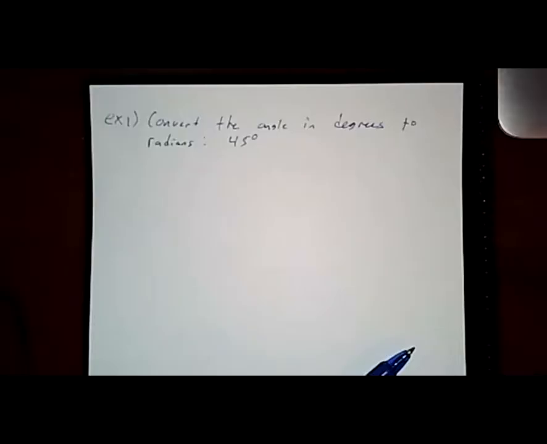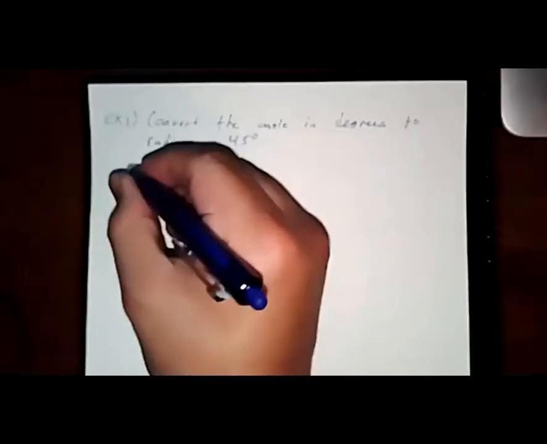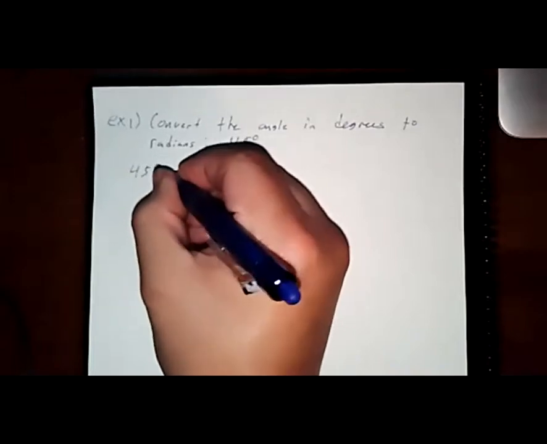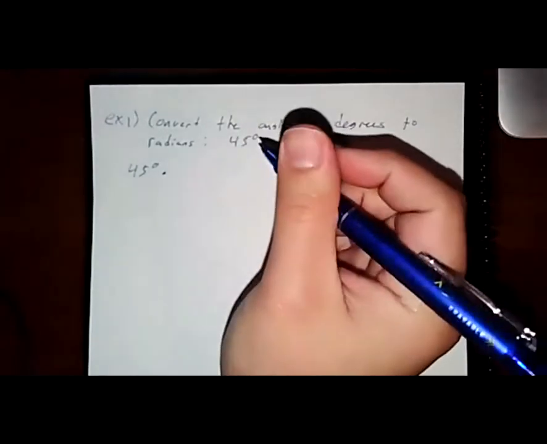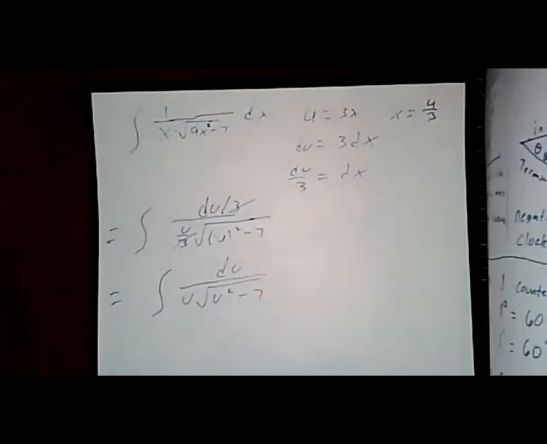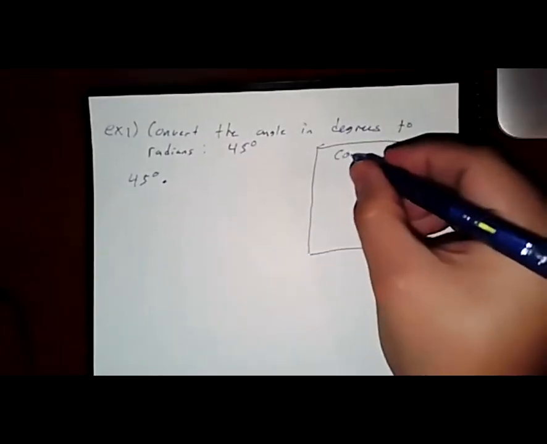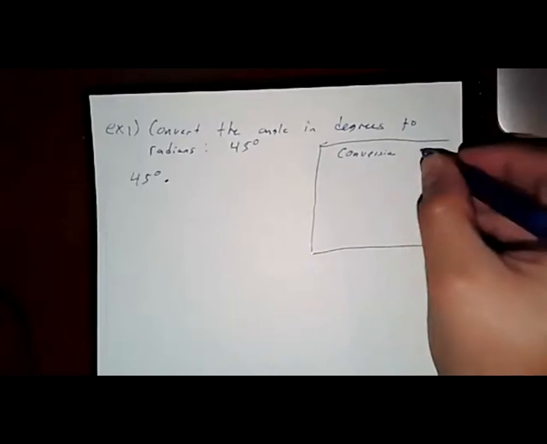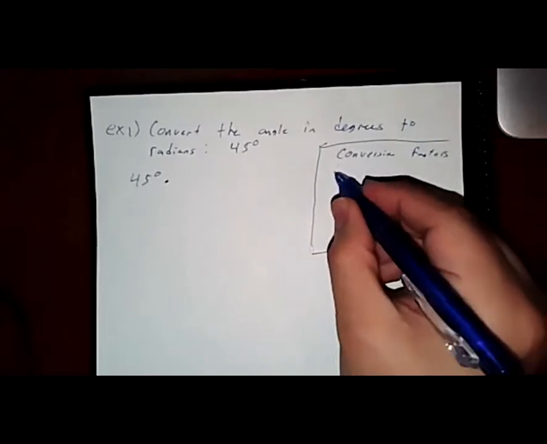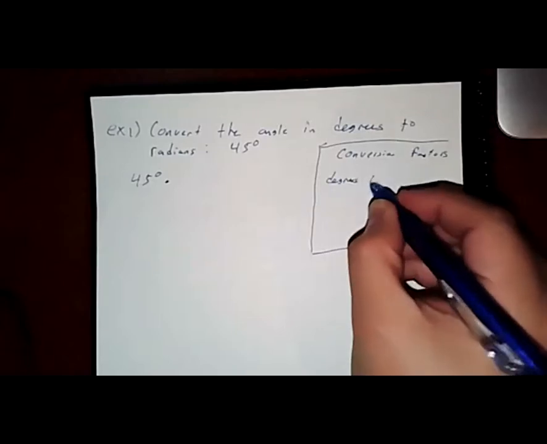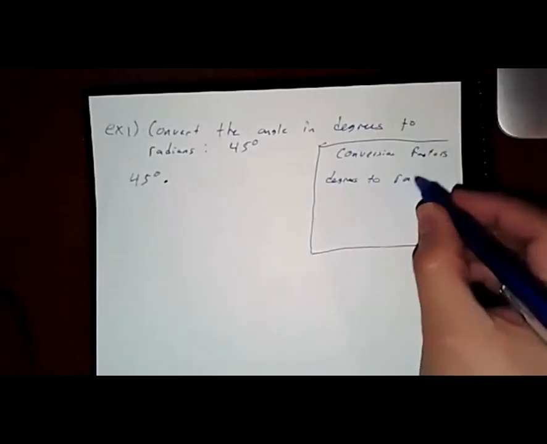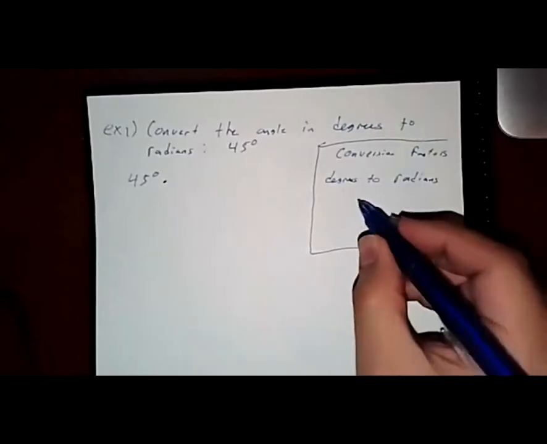Okay. The way I want you to do it, like on an exam, is to multiply by the conversion factor. Remember how we said that 1 radian is equal to pi over 180. So what you need to use are these conversion factors. I'm going to write them right here. For degrees to radians, use this one here.